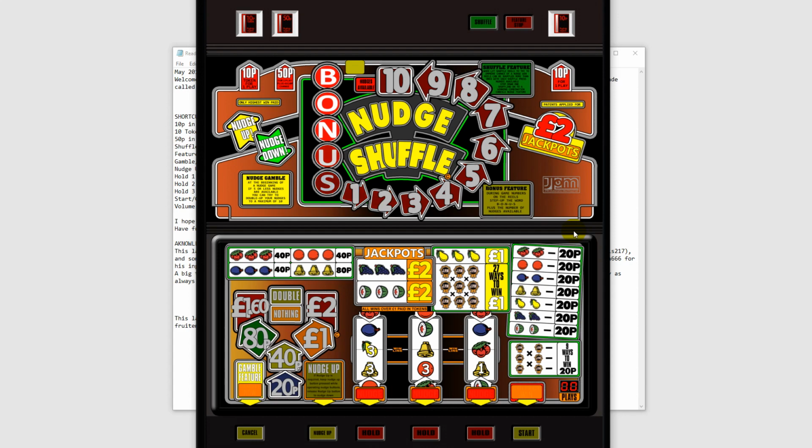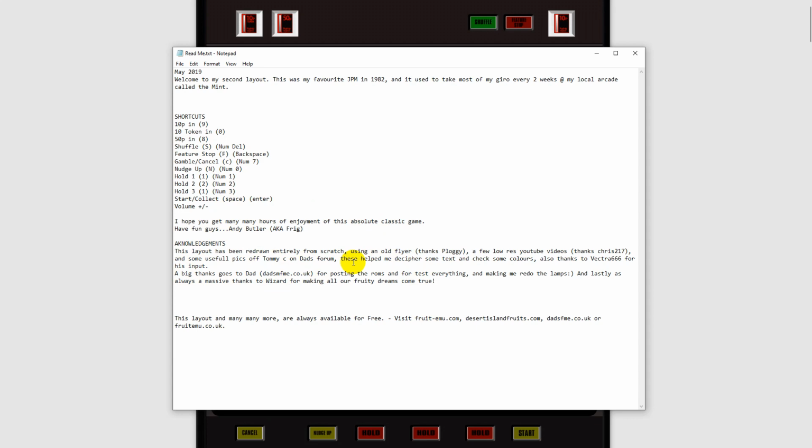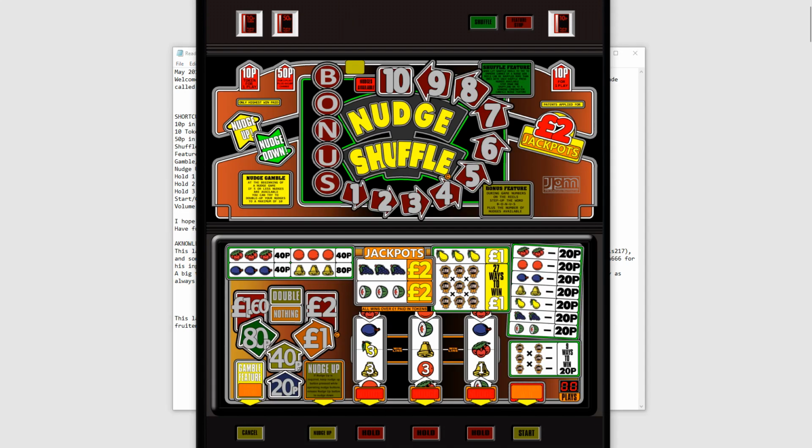So whilst I have no personal connection with this, I am super glad that it exists, and that in the here and now in 2019 we can still get this wonderful community effort to make little bits of history not only come back to life, but now preserved, whereas before, without Fruit Machine emulation, without the efforts that go into making these layouts and sourcing the resources, and of course Wizard himself still developing the emulator, these things would be completely lost to the sands of time.